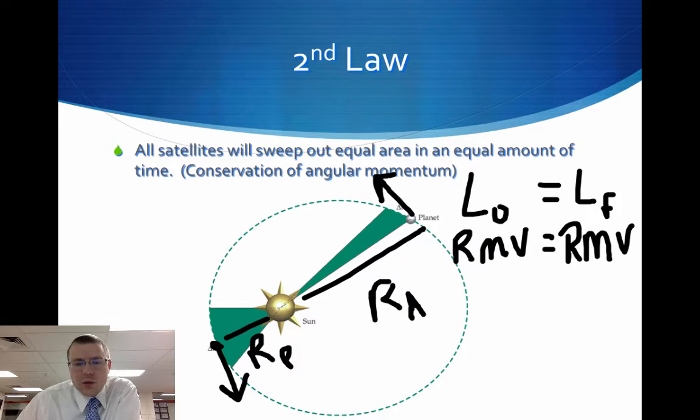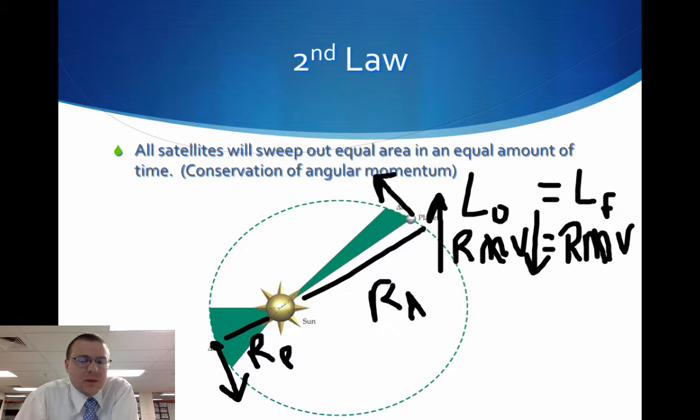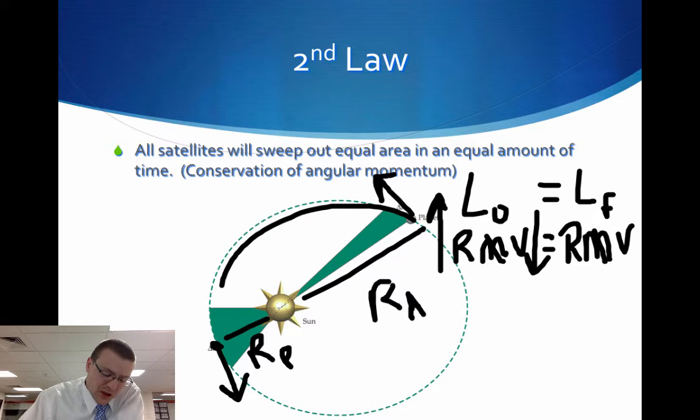If you look at that, we want to conserve the momentum before and after, because we always want to conserve momentum. The thing that's the same on both sides is the mass, so really the size of the planet doesn't matter. It all matters with how fast you are moving. In the first part, the radius is really large, and the planet will be moving with some tangential velocity. When the planet sweeps in close to the star, the radius decreases.